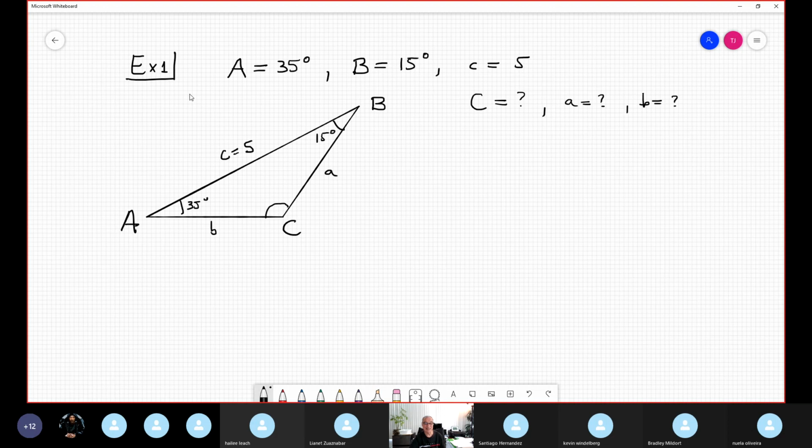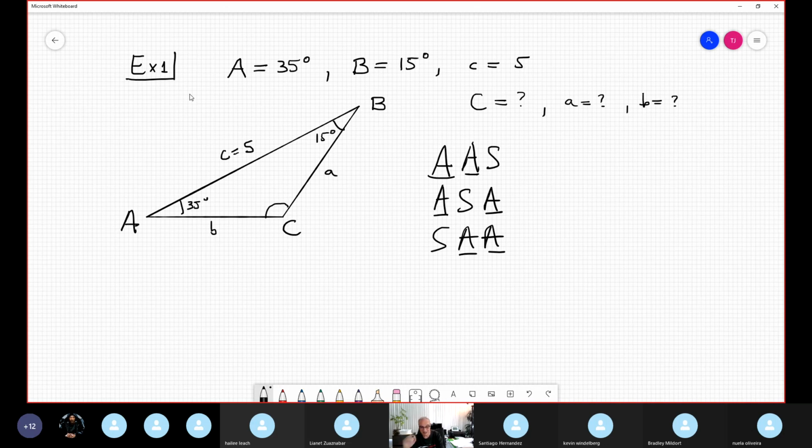Let's say this is a classical example in which you have two angles and one side. So the classification is angle, side, angle. Now, the most important is that you have two angles in your hand. Actually, this is angle, side, angle.